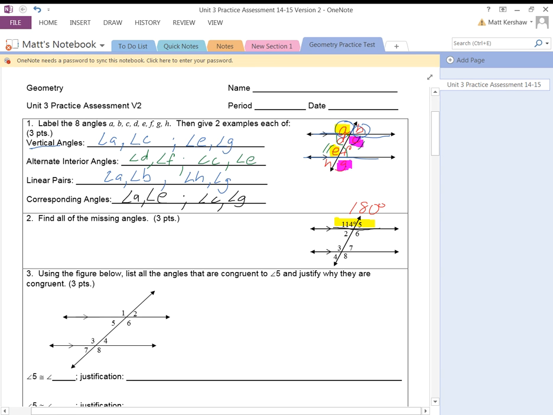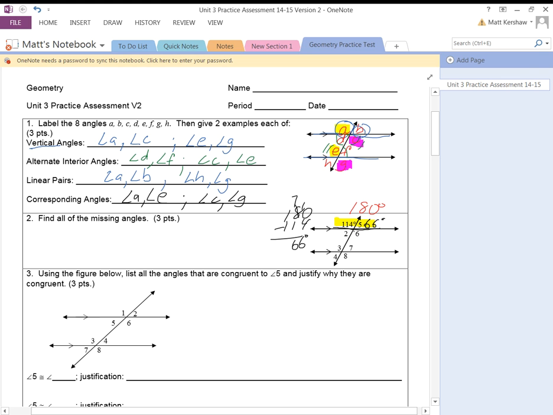So 114 plus this angle have to equal 180. So just do 180 minus 114. That's going to give us 66 degrees. So that means that this angle is going to be 66 degrees.